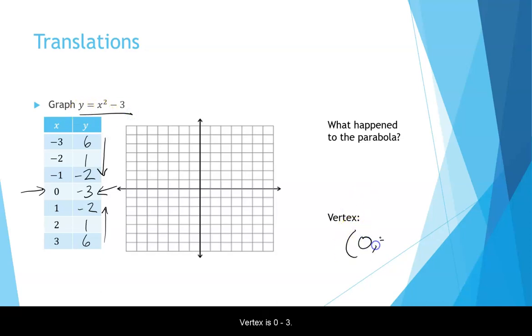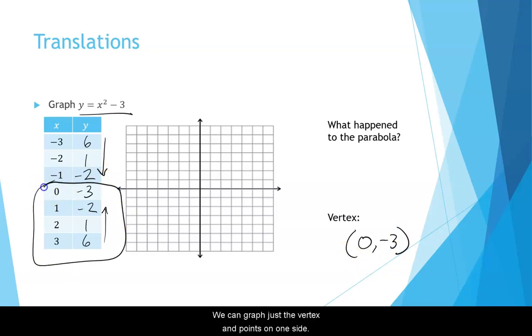So our vertex is at 0, -3. We can graph just the vertex and points on one side, one arm of the parabola. I will plot those points now. And as soon as we get the points on one side, we can make the mirror image of the points on the other side. Hooray for symmetry!